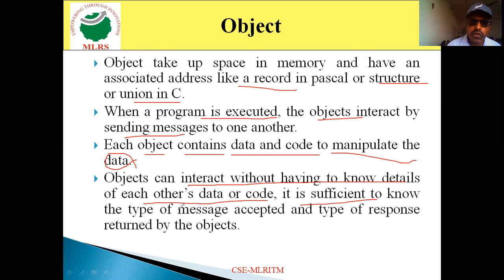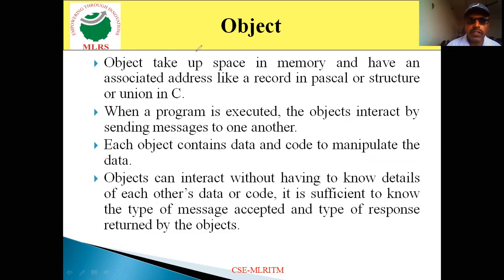It is sufficient to know the type of message accepted and the type of response returned by the object. That indicates when you execute the functions by means of the objects, you have to specify what type of message the object accepts and what the object returns. These must also be specified when you work with objects.